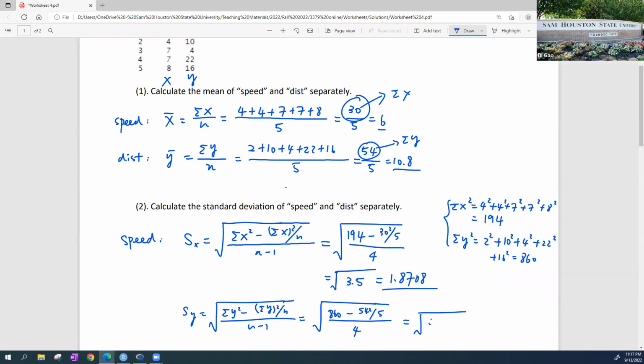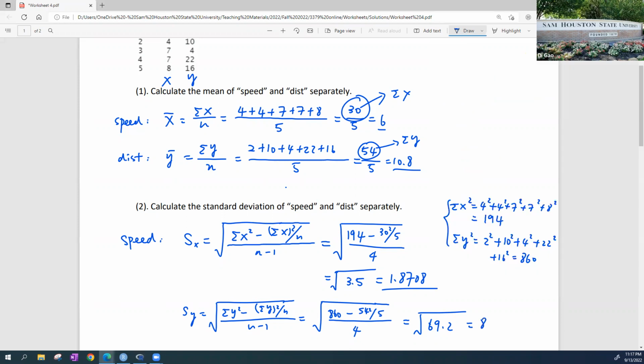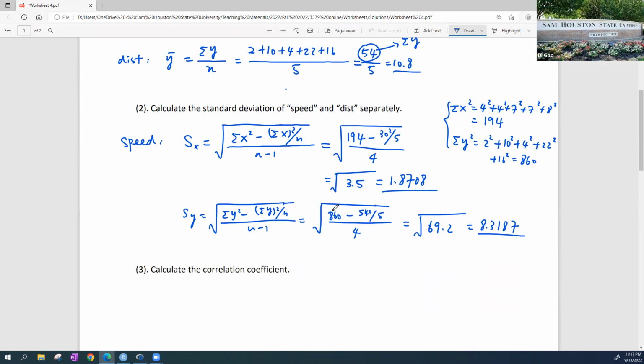That's 69.2. And the standard deviation is the square root of that. So the square root of 69.2 is 8.3187. Okay, we finished question 2.